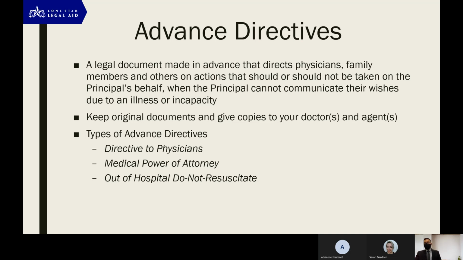There's a few different types of advanced directives. So there's directives to physicians. This is where you give certain directives to your actual care provider. There's medical power of attorney, which is something Maria talked about earlier. And then there's out of hospital, do not resuscitate, or DNR.